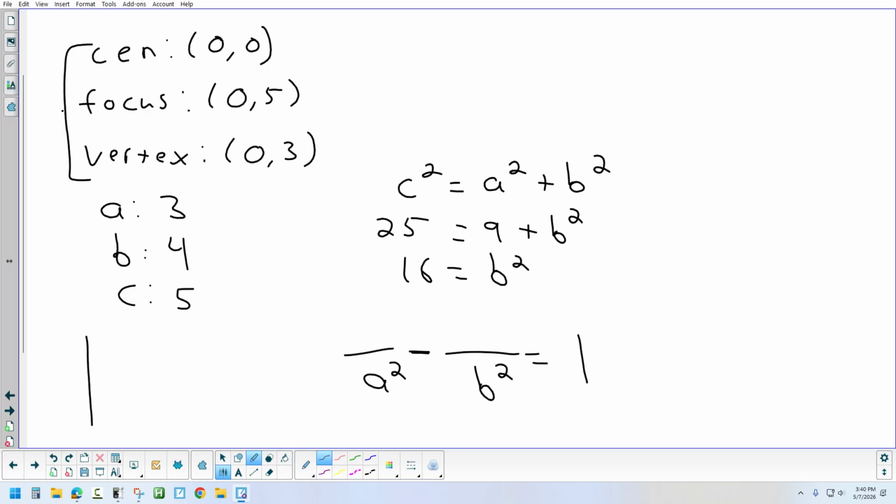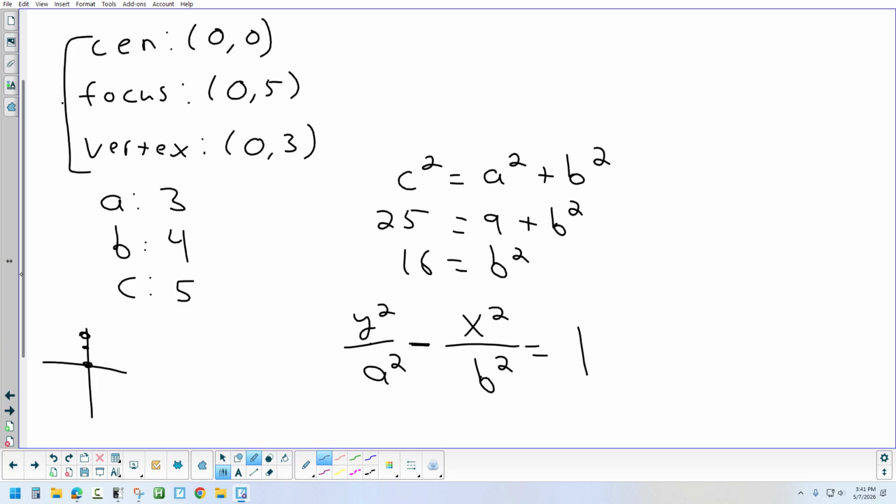So if you graph all those points, you have 0, 0, 5, 0, 3, 0, how do they all line up? They're all vertical. So what letter does that mean that we want first? The y squared. And the second letter? X squared. So now we know the equation we want to plug into.